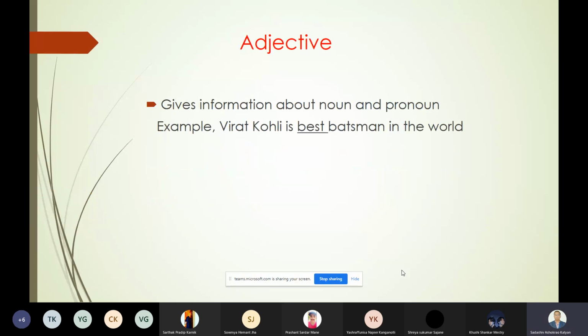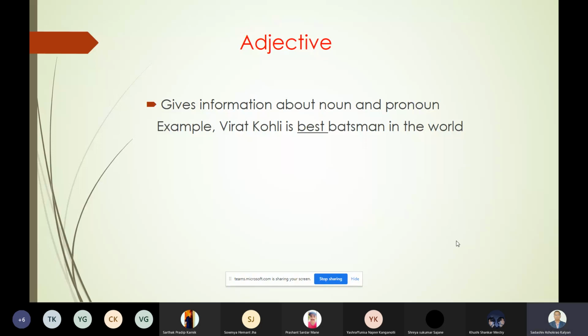An adjective is a kind of word which gives us more and more information about the noun and the pronoun. For example, here I have put an example in front of you: Virat Kohli is the best batsman in the world.